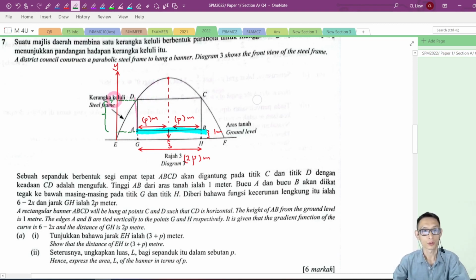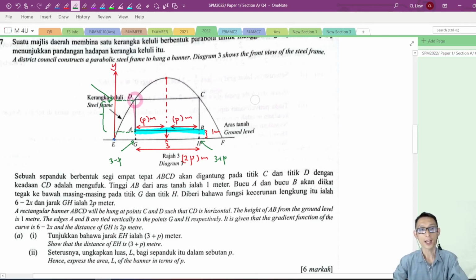So now let's find this y coordinate first. The x coordinate here is 3 minus p. The x coordinate here is 3 plus p. So you can use 3 minus p or 3 plus p to find the y coordinate. Both will give you the same answer.